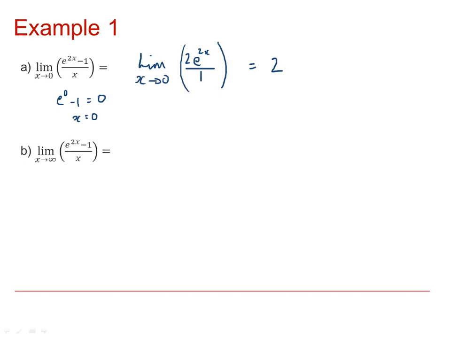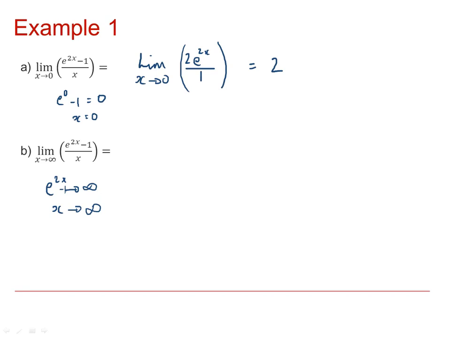For the second one, as x approaches infinity, both e to the 2x minus 1 approaches infinity, and obviously x approaches infinity. So yes, this is an, if you like, infinity over infinity case, where both the functions are approaching infinity as x approaches infinity.